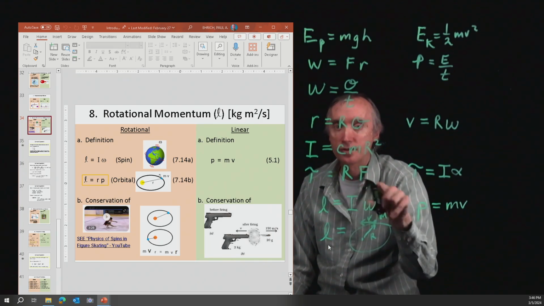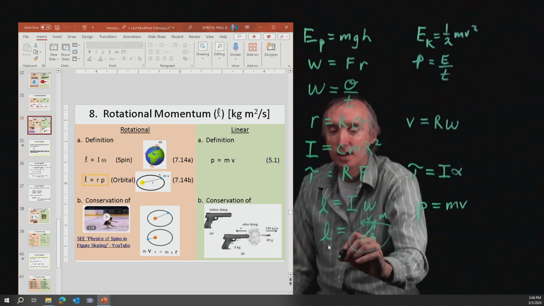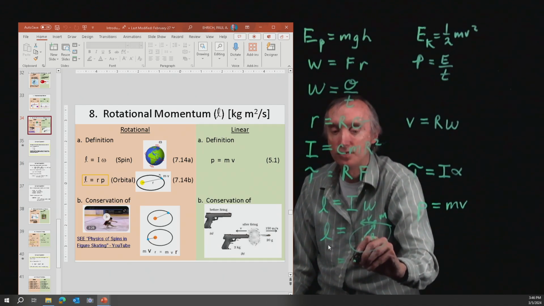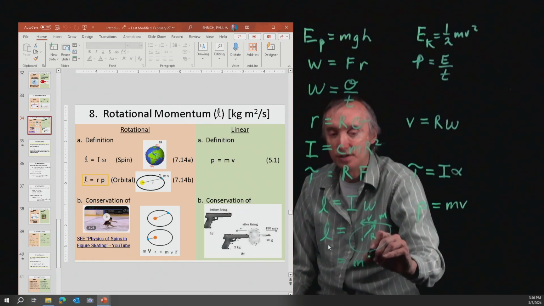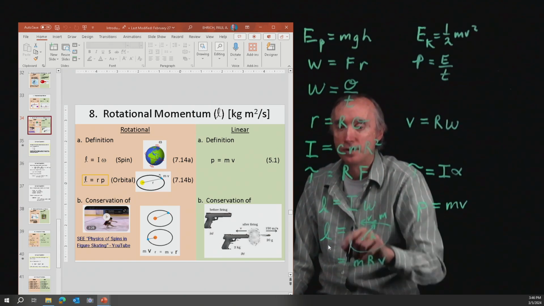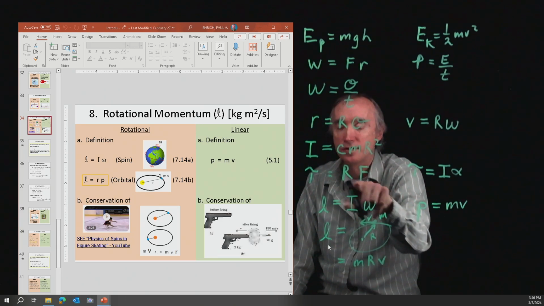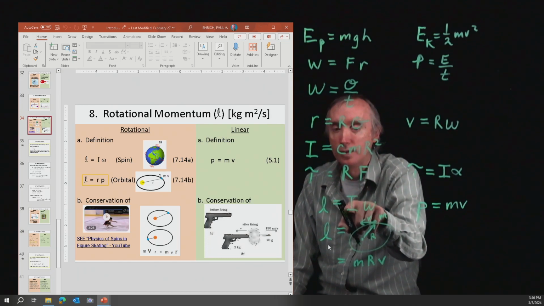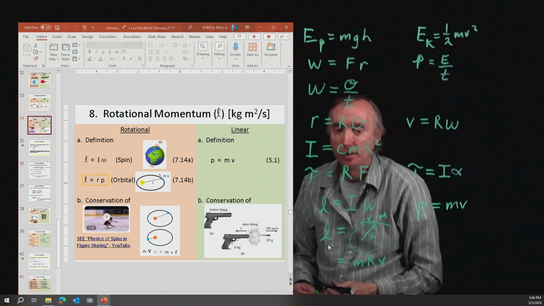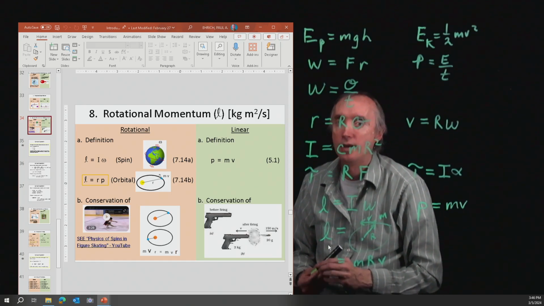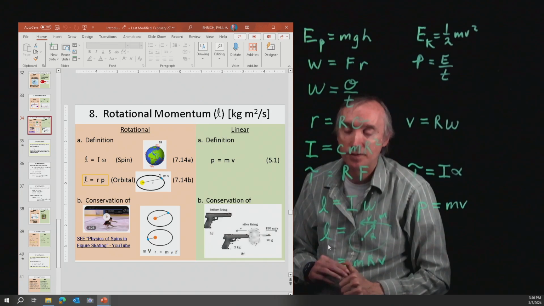So we can put this all together, and we could say that it's going to be equal to the mass of the planet, its distance r, and then its speed. So this is going to be a spin angular momentum, and then this one here is going to be orbital angular momentum.